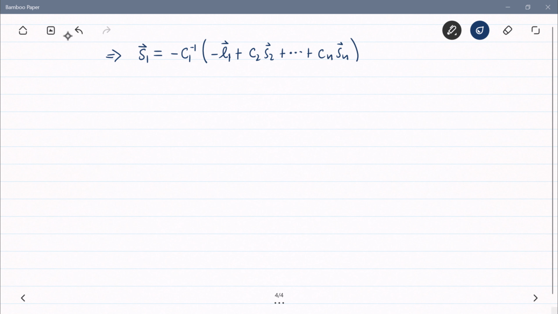Well, what does that tell you about S sub 1? Because this is a linear combination, this implies that S sub 1 obviously belongs to the span of L sub 1, S sub 2, and so on up to S sub n.